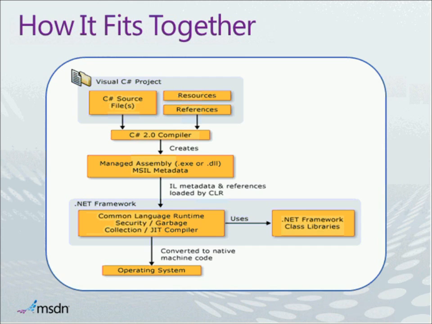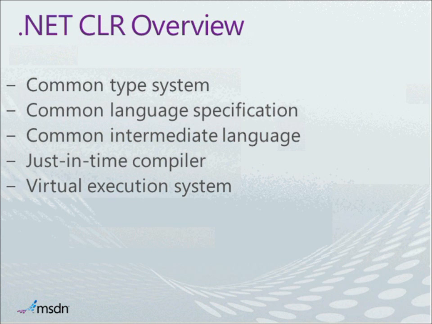Once all of that magic is done, we pass the output, which is native compiled executable code, off to the operating system for it to execute. So that hopefully gives you a quick 30,000-foot view of how the .NET framework actually works. And now we'll start digging in a little bit deeper.